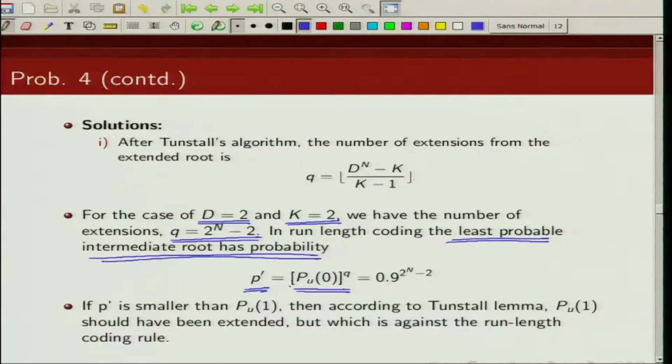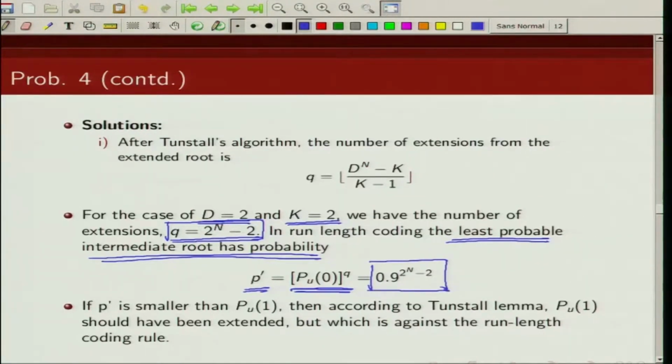If we want to find out whether this run length coding belongs to a Tunstall message set, then every time we have a run of 0, that particular node should be the most likely leaf. So if we are doing Q extensions, the intermediate node has probability p dash, which is given by this probability, and the probability of 0 is 0.9. Q we just calculated is given by this expression. So this probability is given by this.